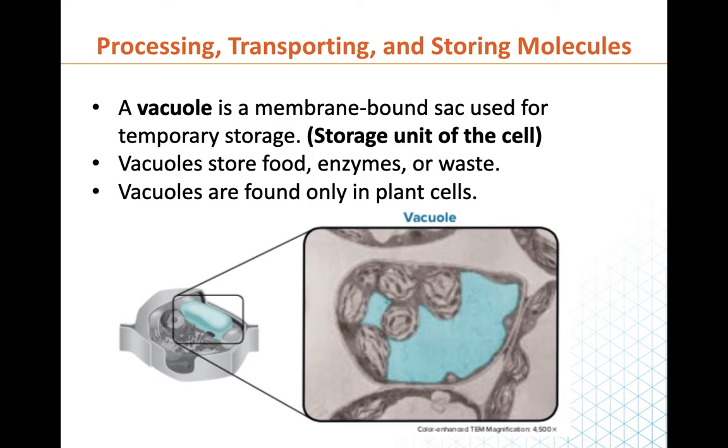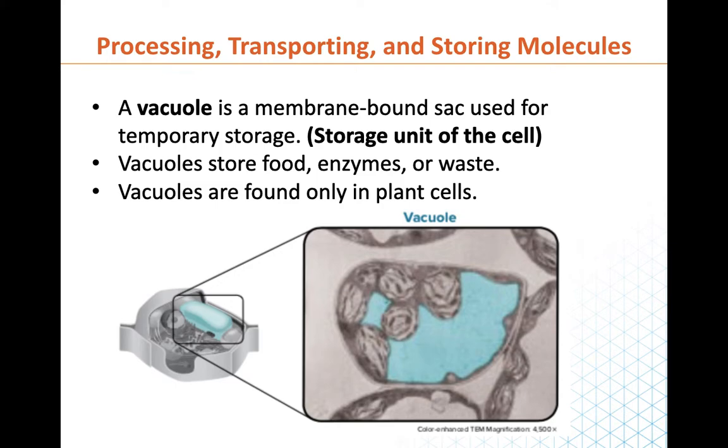As in, the central vacuole is always there. Sometimes it's full, sometimes it's a little bit less full, but it never truly disappears inside of plant cells, okay? So the large central vacuole inside of plant cells can be used to store food, waste, and water, right? So mainly water in there.